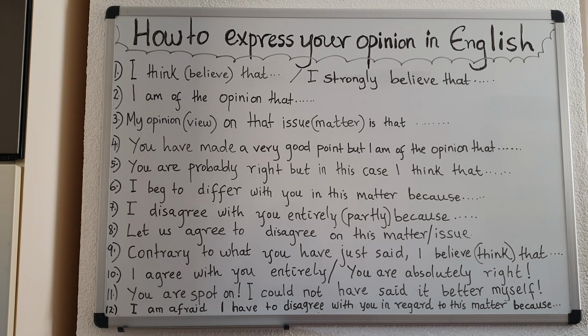You have exactly the same point of view. You have exactly the same opinion. Or you could say, you are absolutely right. So remember to use this when you're in full agreement with your colleague. When you share their opinion, you think they are absolutely right.